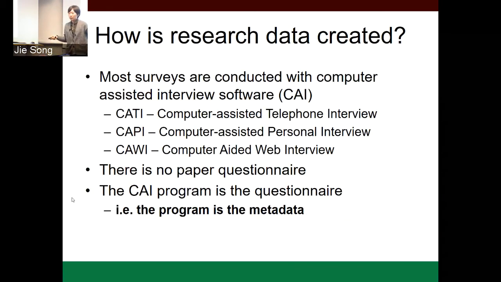So how are these research data collected? We just target the social science data from ICPSR, and this is the process by which they are collected. They are generally collected through surveys, and the surveys are conducted through computer-assisted interview software. They can be conducted through phones, but there's no paper involved in the process.